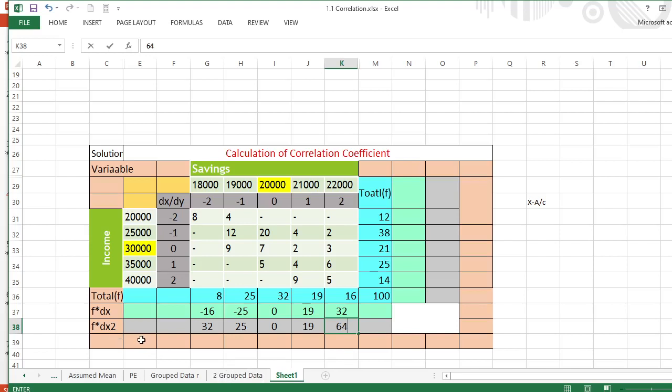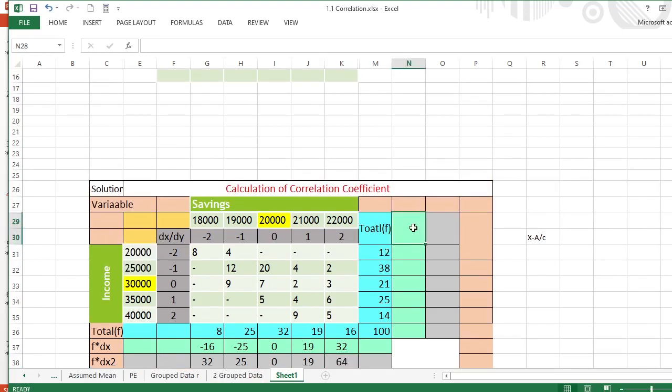After this, we'll find f into dy. Here f values are here and dy values are here. We need to multiply these two columns. So 12 into minus 2 is 24, and plus into minus, so it is minus 24.